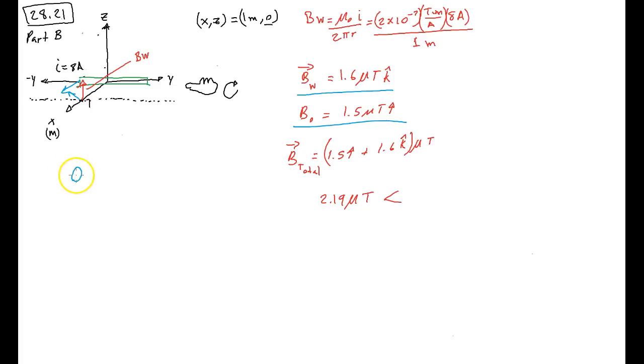Somebody mind doing that? 46.8 degrees. So it's 47 degrees above the plus x axis in the xz plane. I think that's all you have to say.